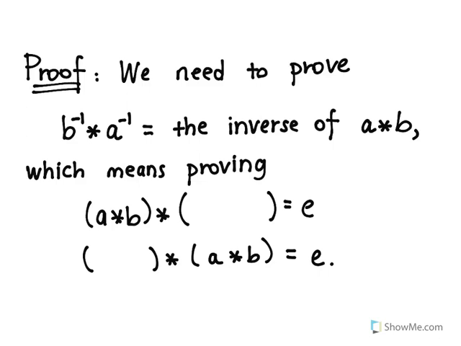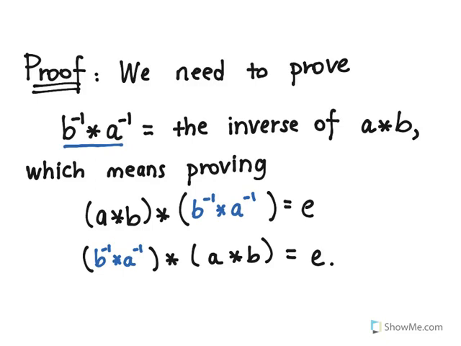It means that that something, if we were to multiply it by A star B, we'd get the identity. And the same is true if we take that something and multiply it by A star B on the other side. So this is what it means for something to be the inverse of A star B. And what we're claiming is that B inverse star A inverse does the trick. That's something we could fill in here that would make these two equations true.